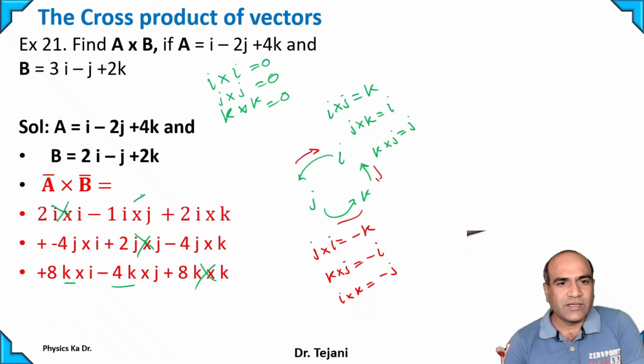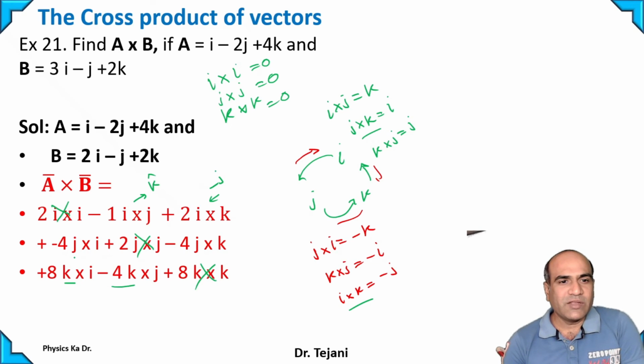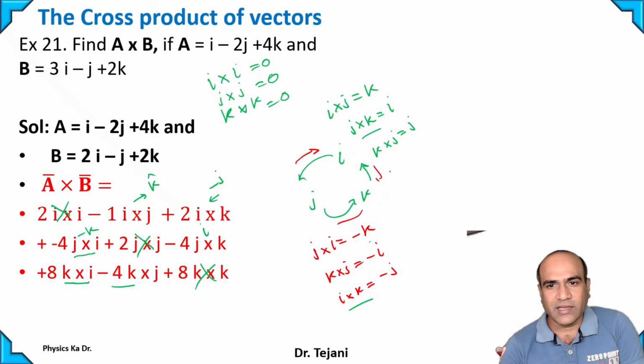So ij becomes k, ik becomes minus j. Similarly, you can put for ji, it is minus k. jk becomes i, ki is equal to j, right? ki is j, and next kj becomes minus i.